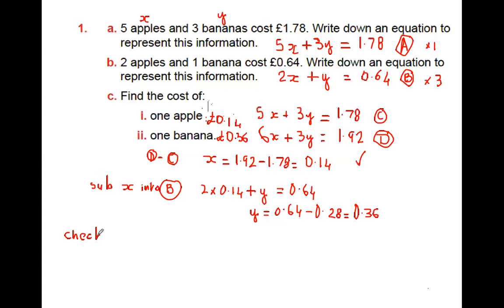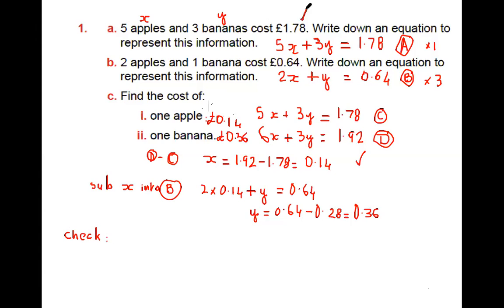Always check that my answer makes sense or is right. 5 times 0.14, plus 3 times 0.36. My answer is 1.78.